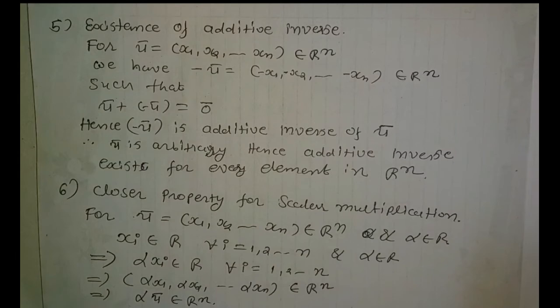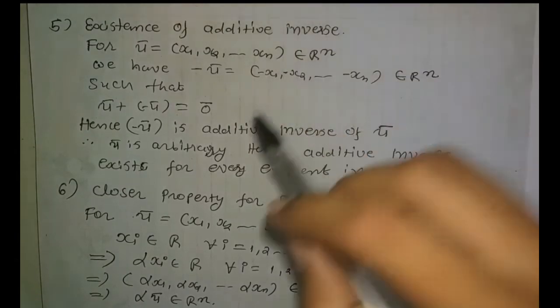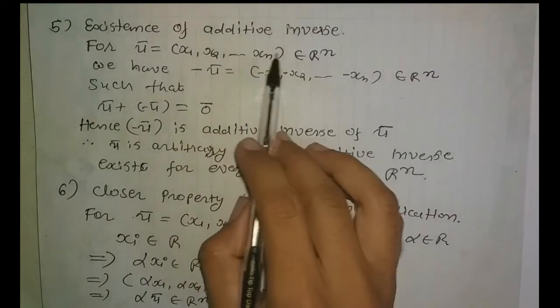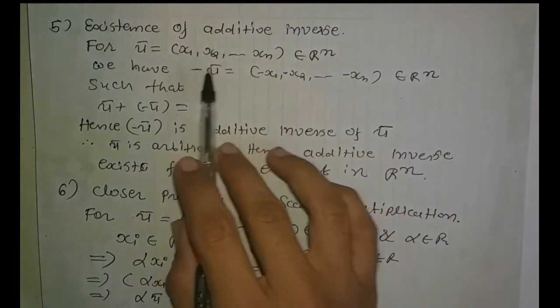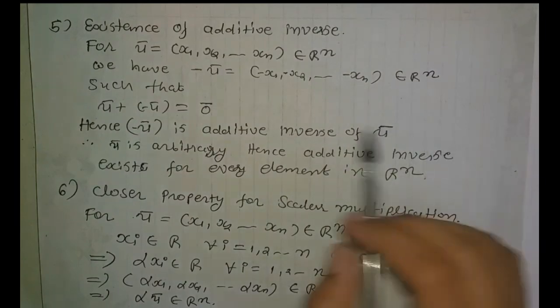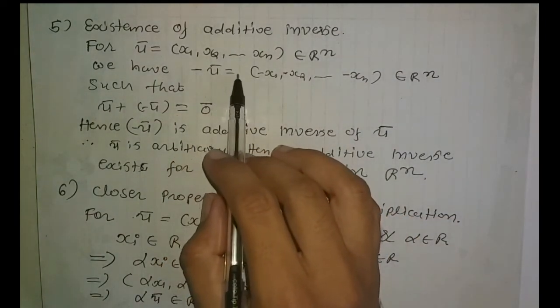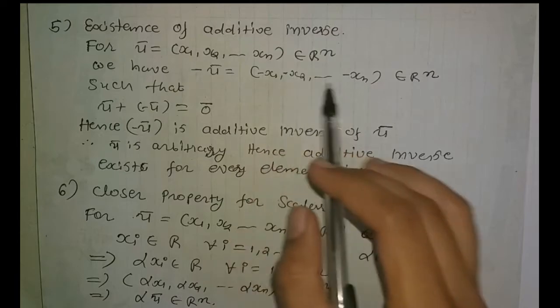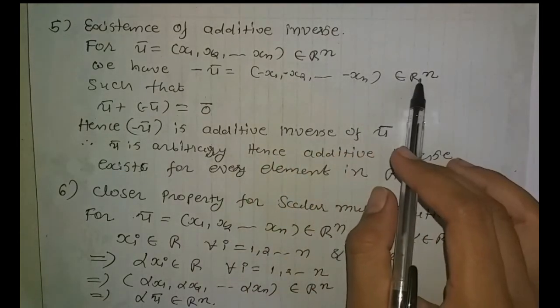Now the fifth property is the existence of additive inverse. For that, consider the vector u bar belonging to Rn. Now each of x1, x2, xn is from R, so minus of x1, minus of x2, minus of xn is also from R. So minus of u bar, equal to minus x1, minus x2, minus xn, belongs to Rn.